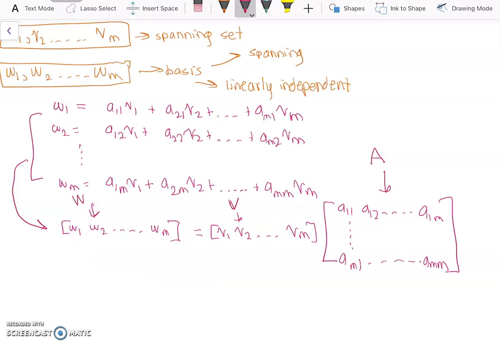Okay, so we have W equals VA. Now I'll prove that A is invertible. It's an m by m matrix, and I'll prove why A is invertible.